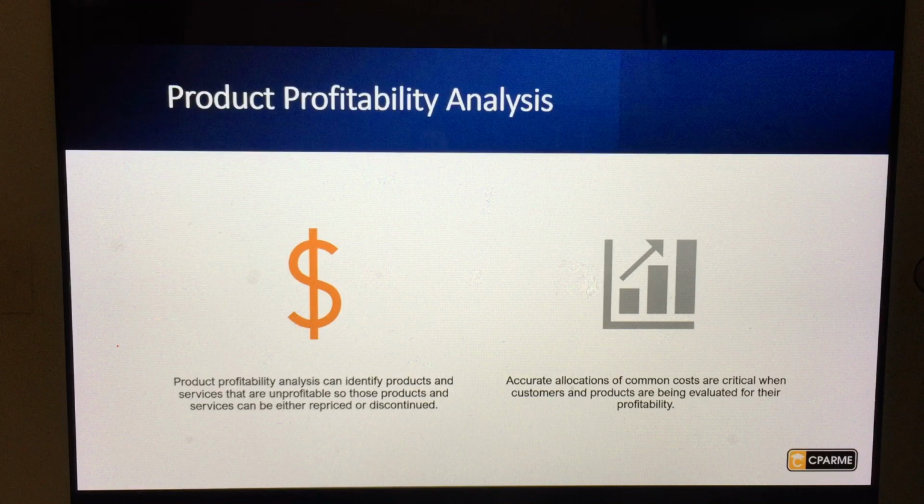Last slide natin. If you analyze the profitability of your customers, tignan mo rin yung profitability of your products. So, there's nothing new here that we didn't already do before. Pero you have to evaluate not just your managers, not just your operating segments in the form of divisions, pati yung separate product lines mo.